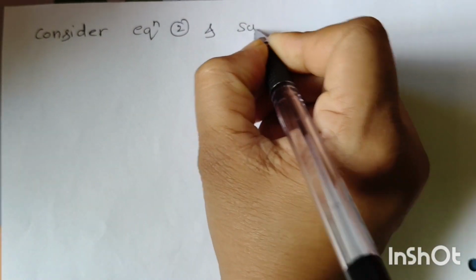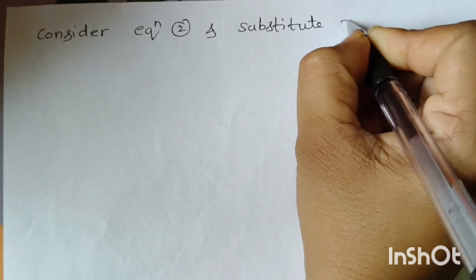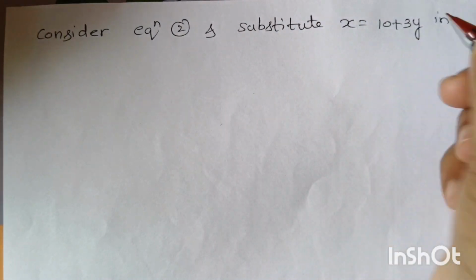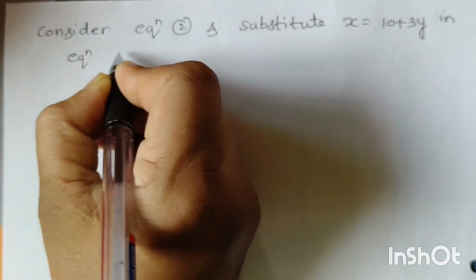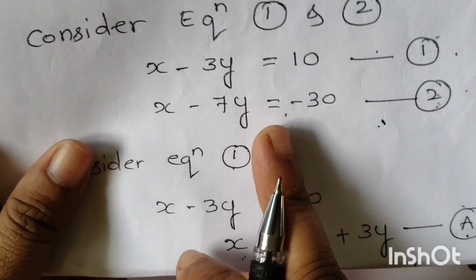So consider equation 2 and substitute x is equal to 10 plus 3y in equation 2. This is our equation 2.